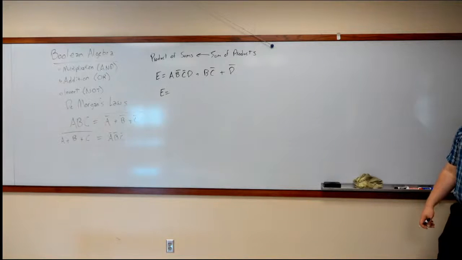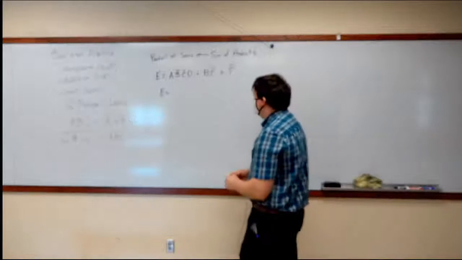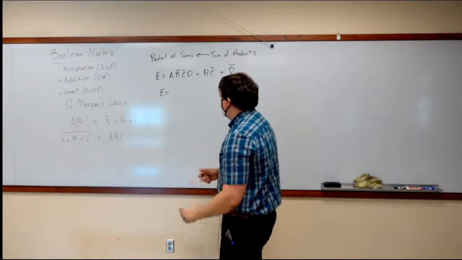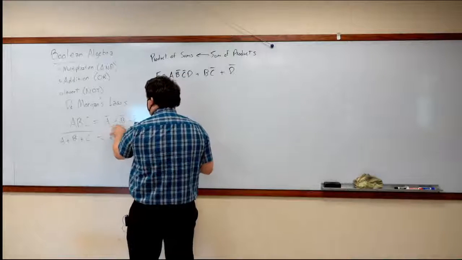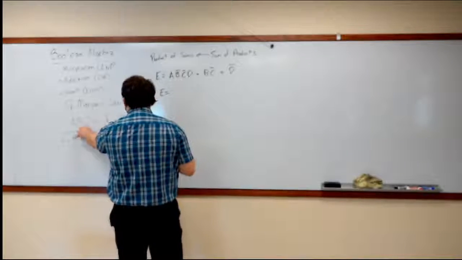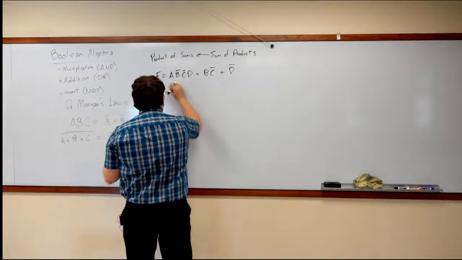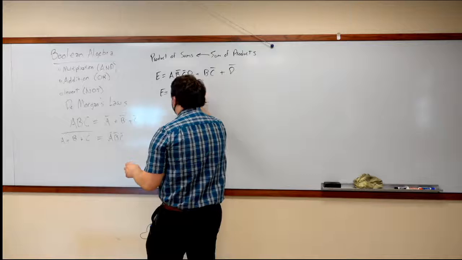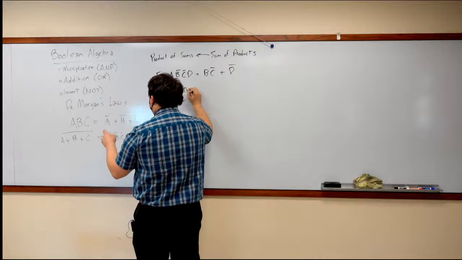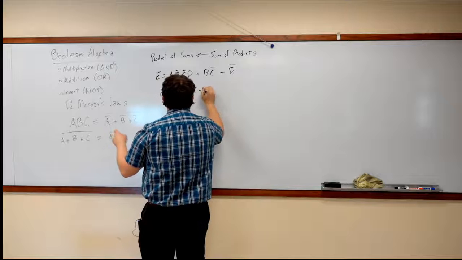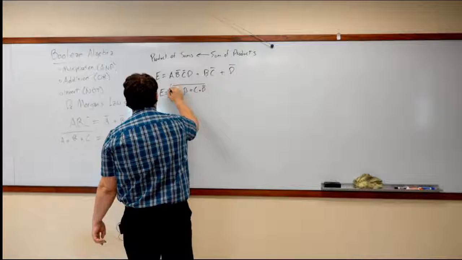Well, first we got to start with terms. Here, we know that ABC is equal to A naught plus B naught plus C naught. So that means that A, B naught, C naught, D is equal to A naught plus B plus C plus D naught, and then we go ahead and plug that into a not.